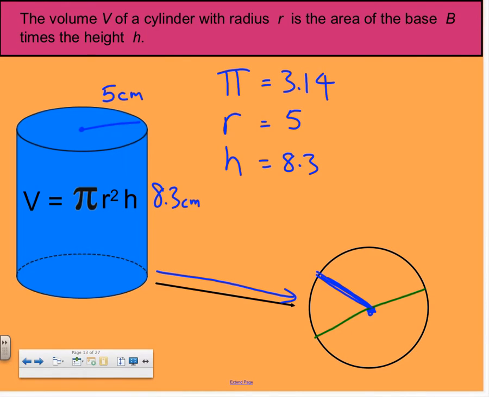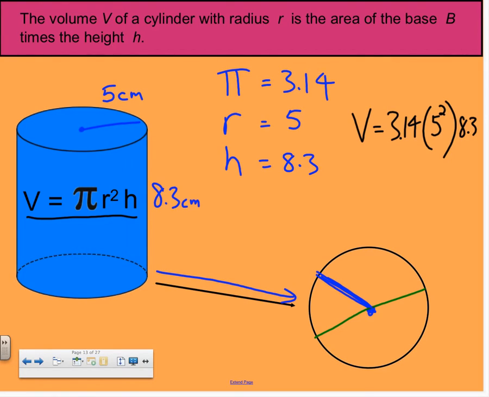So now what do we do with those things? Well, all we have to do is multiply to find the volume. We multiply, as the formula over here suggests, pi, which is 3.14, times the radius squared. So we're going to have 5, and we're going to square it, and then we're going to times that by 8.3.